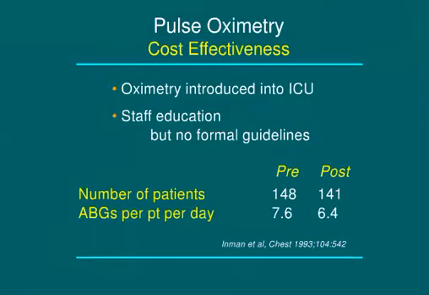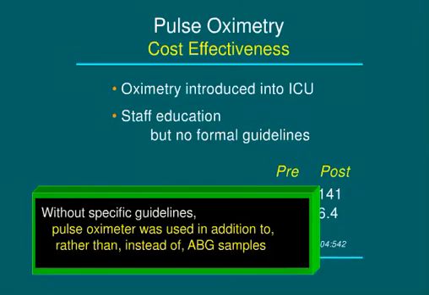What they did here is they looked at the effect of implementing pulse ox in the ICU with staff education, but no formal guidelines. And what they found is that with pulse oximetry, the number of blood gases decreased by only 10%. So what this is saying is that without specific guidelines, pulse oximeters were used in addition to, rather than instead of, blood gases.